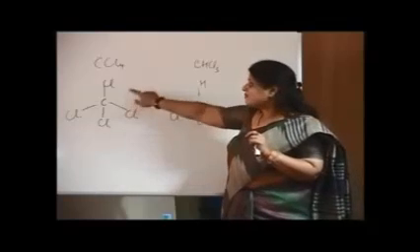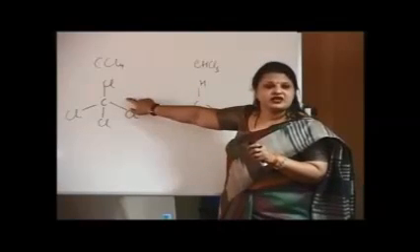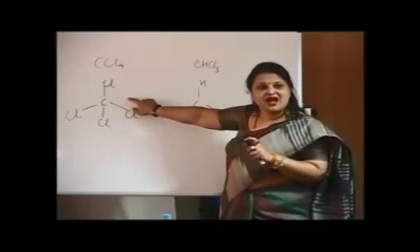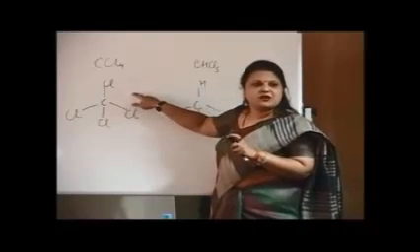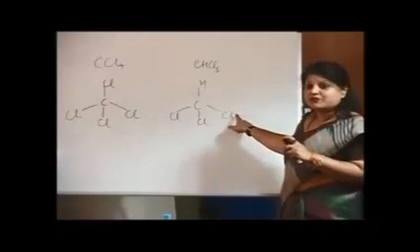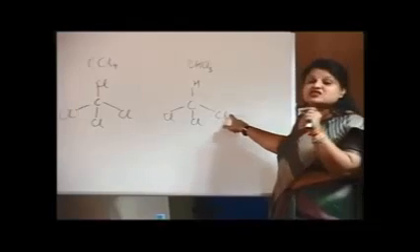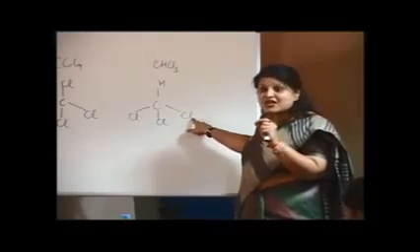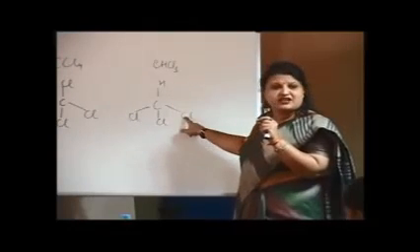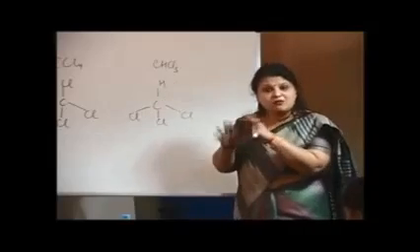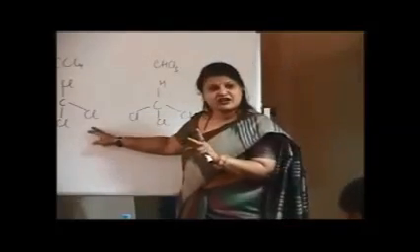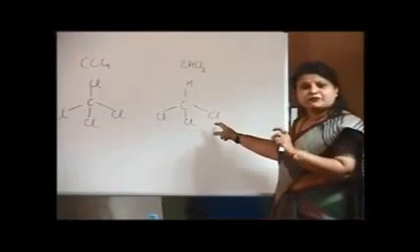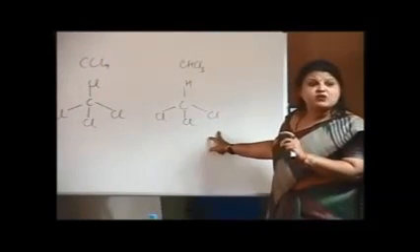But actually, this is a symmetrical molecule where all the surrounding atoms are of the same type, whereas in the other molecule there is a slight distortion in geometry, isn't it? Because we have 2 varieties of atoms, they differ in electronegativity. Normally when we write down answers, we call this as tetrahedral as well as this as tetrahedral.